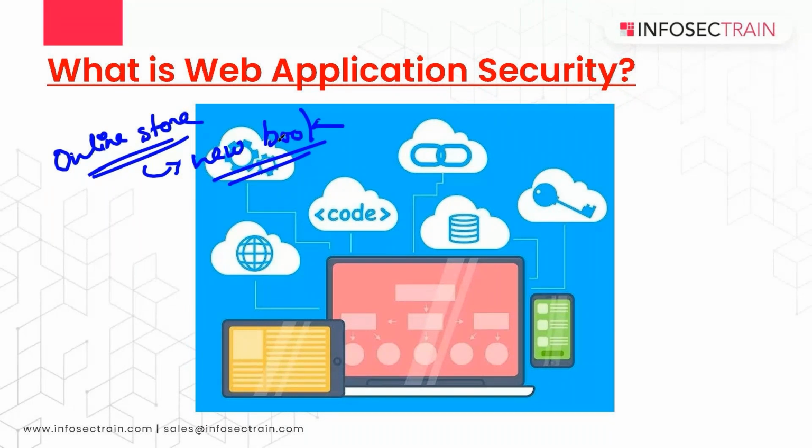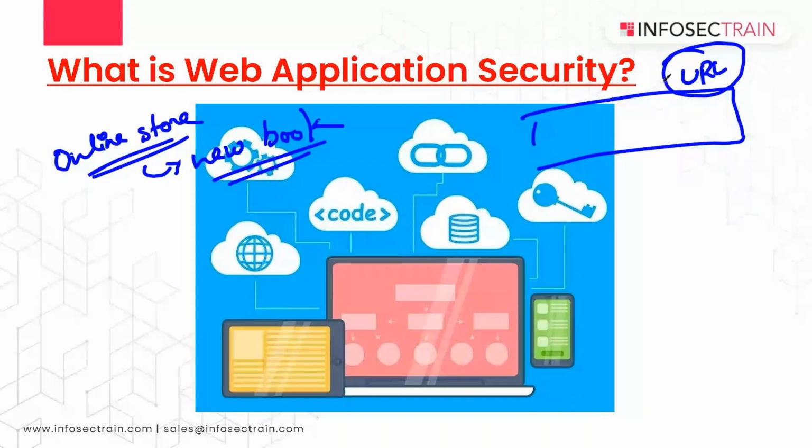So for that, what we will be doing is we will be opening our web browser, and inside that, we will be writing the URL. Over there, we will be writing our URL like https://www.websitename.com.